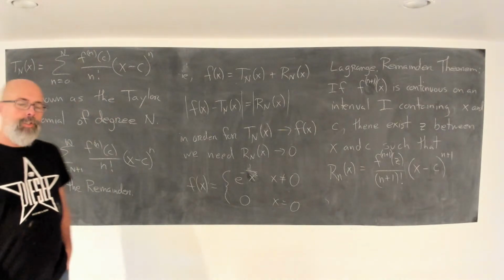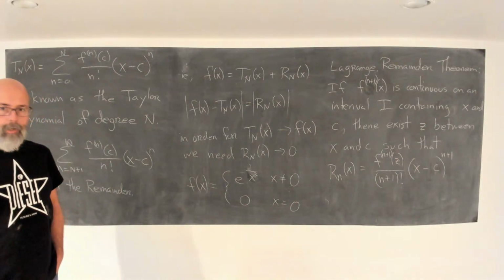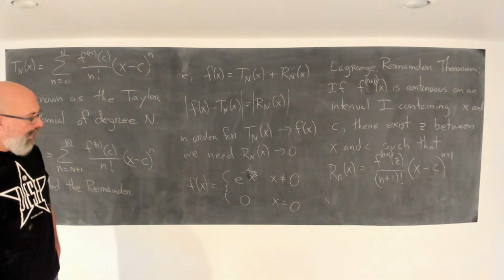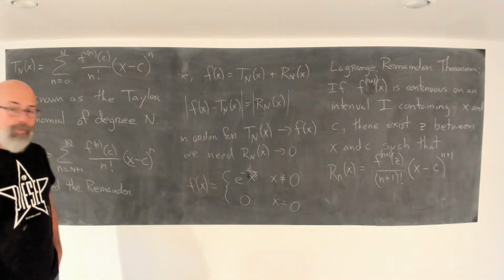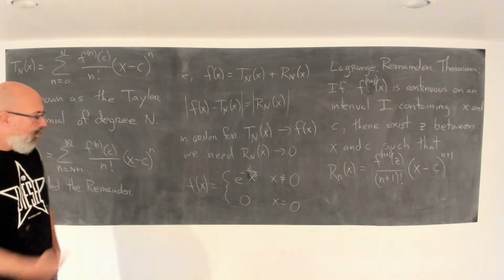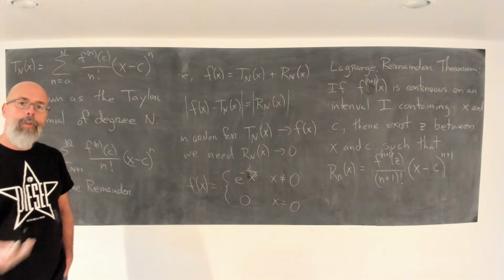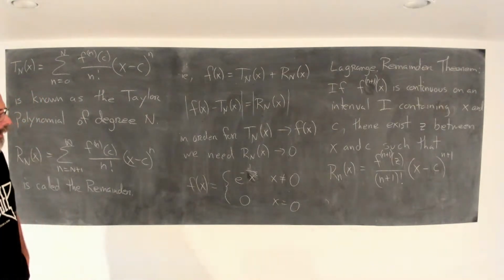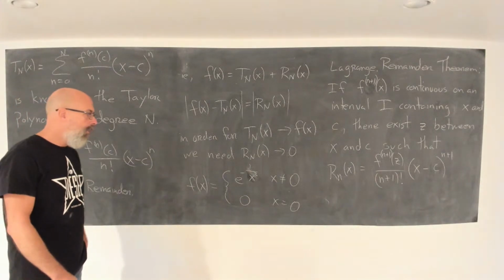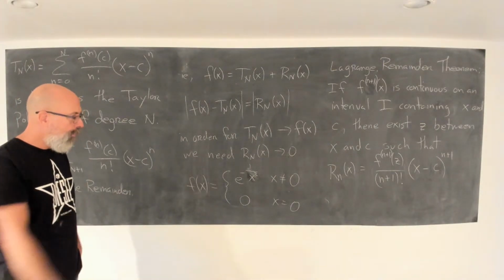First of all, it's not clear that this is even continuous. You can show that it's continuous, you can show that it's differentiable, and in fact, it's infinitely differentiable, right?